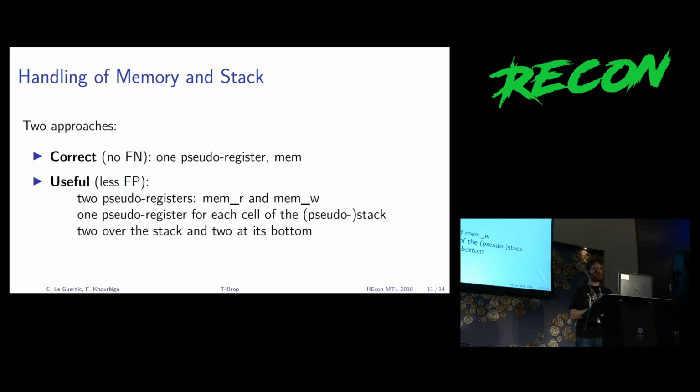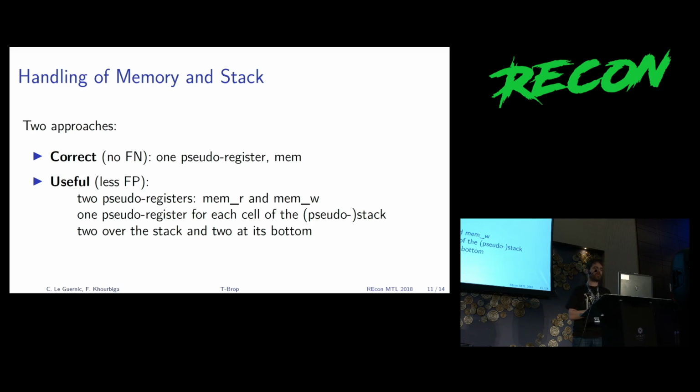So this allows us to have no false negative, and we capture all aliases and more. And there's another approach which is more useful, which has much less false positive but some false negative.